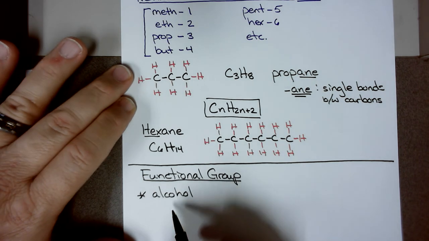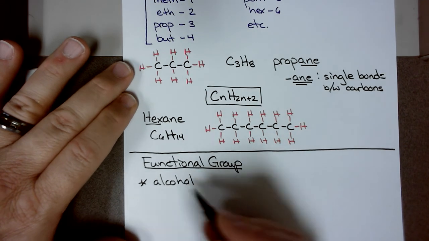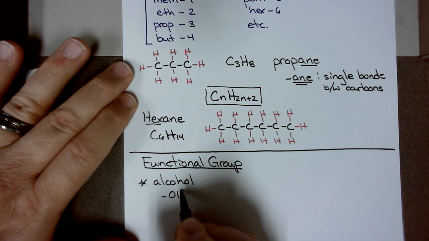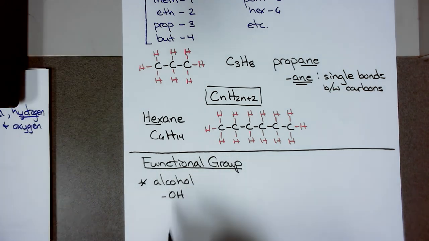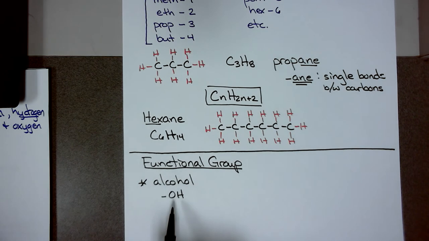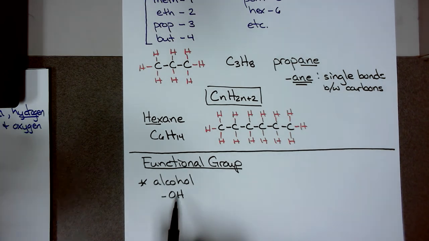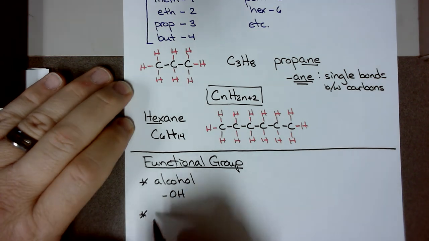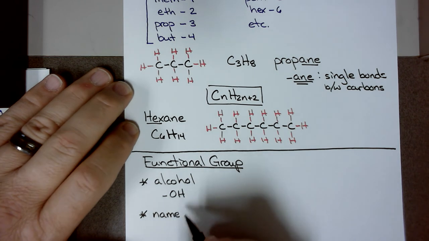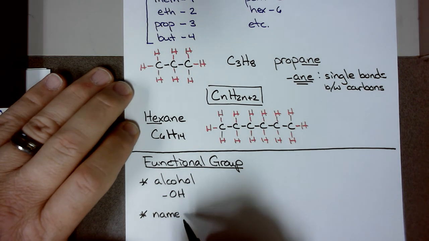So alcohol functional group, and what an alcohol is that you have an OH attached to a carbon. Now, when it's an organic compound, that OH is not a hydroxide, it's actually an alcohol. And the way we name it, the name would end with OL for alcohols.